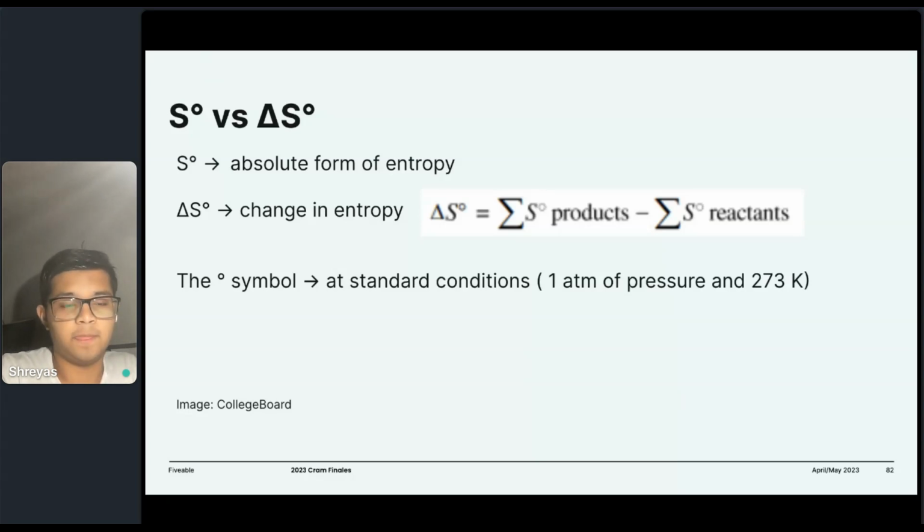Sometimes people get a little bit mixed up with them, but this is just a quick reminder of what they are. The degree symbol means that it is at standard conditions, and standard conditions, just as a reminder, is 1 atm of pressure and 273 Kelvin.